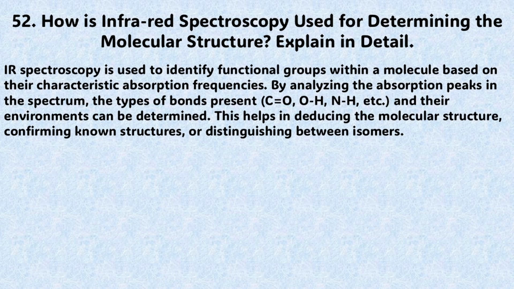By analyzing the absorption peaks in the spectrum, the types of bonds present, C=O, O-H, N-H, etc., and their environments can be determined. This helps in deducing the molecular structure, confirming known structures, or distinguishing between isomers.